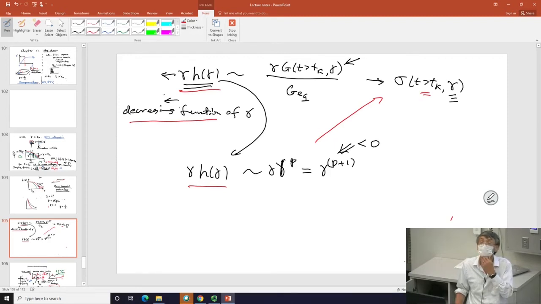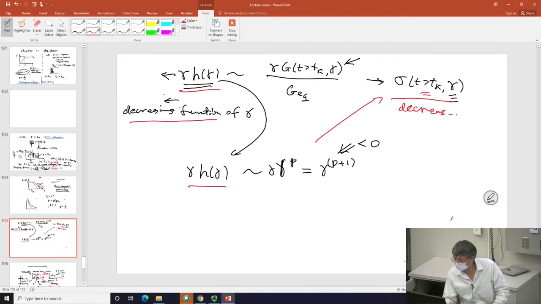What does that mean? Meaning, how do you reconstruct this? This apparently is a decreasing function of gamma.